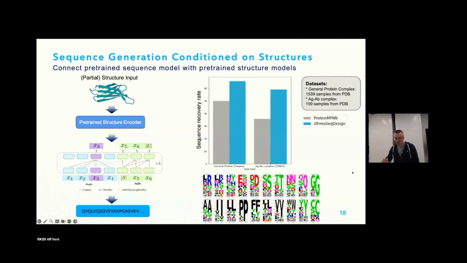You can also look at the marginal distribution over the sequence positions you covered, and the pre-trained model also gives you much better recovery, and makes more sense in terms of chemistry.